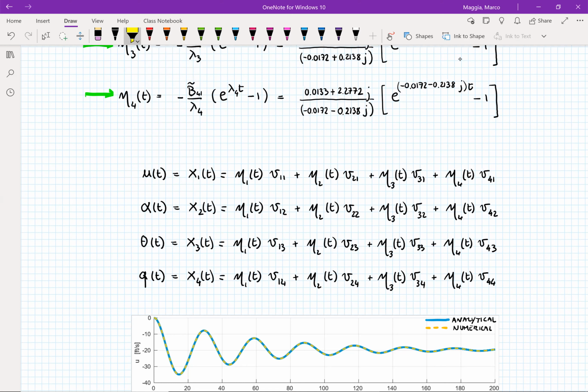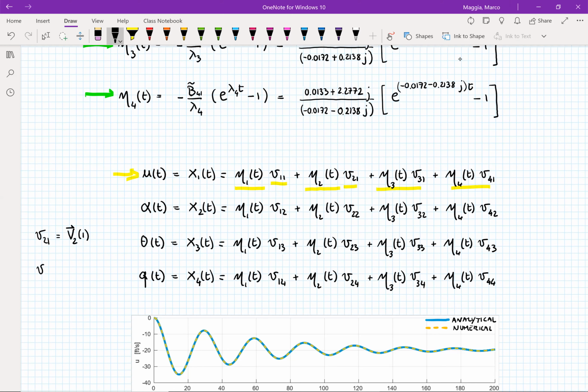And in this case, we have the surge speed, u of t, is equal to eta 1 of t times v11 plus eta 2 of t times v21, and so on and so forth. And what are these v11, v21, v31? Well, let's take, for example, v21: it is the first element of the second eigenvector, v2.